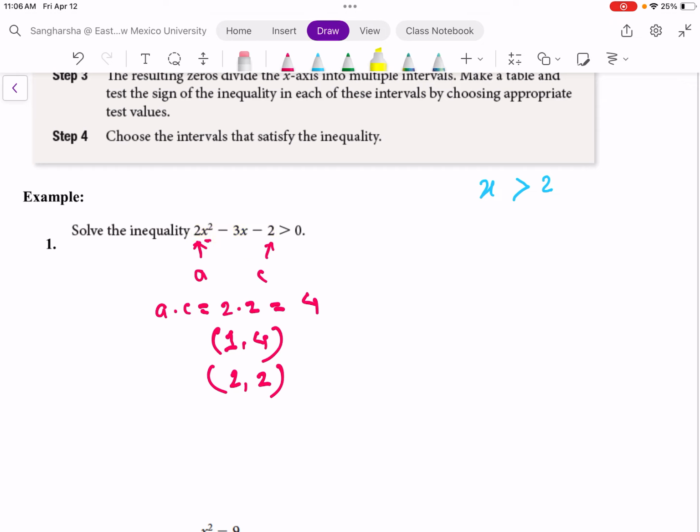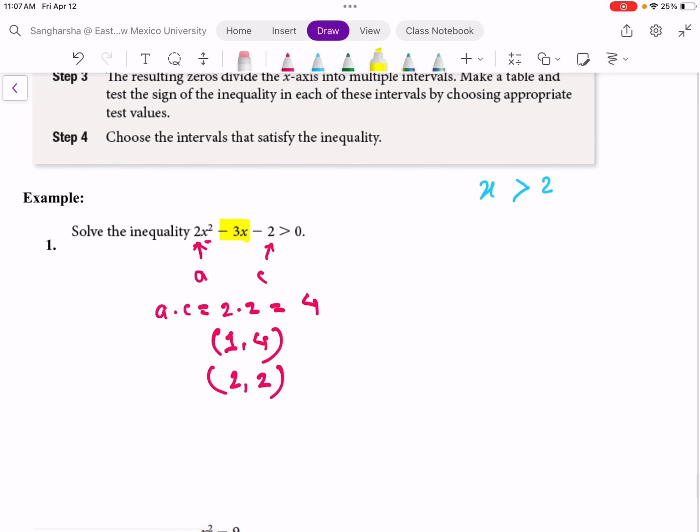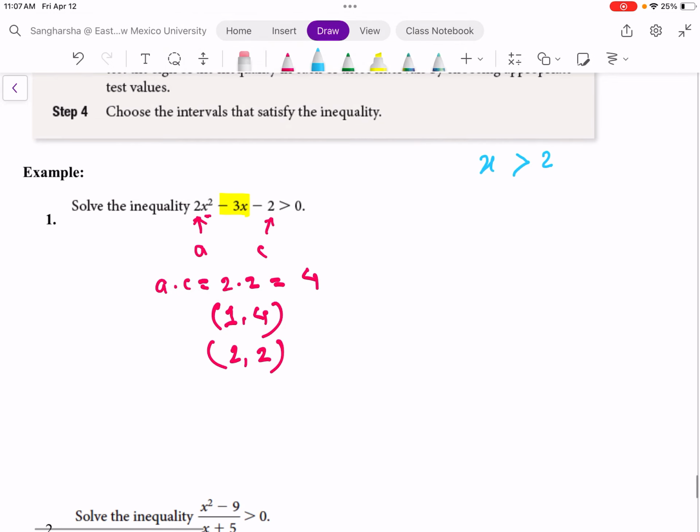We use that pair to rewrite our middle term, which is negative 3x. Which pair of factors do we choose to rewrite negative 3x? 1 and 4, right? Now how do we rewrite negative 3x using 1 and 4? Which one is negative and which one should be positive here? 4 has to be negative, because 3 is negative.